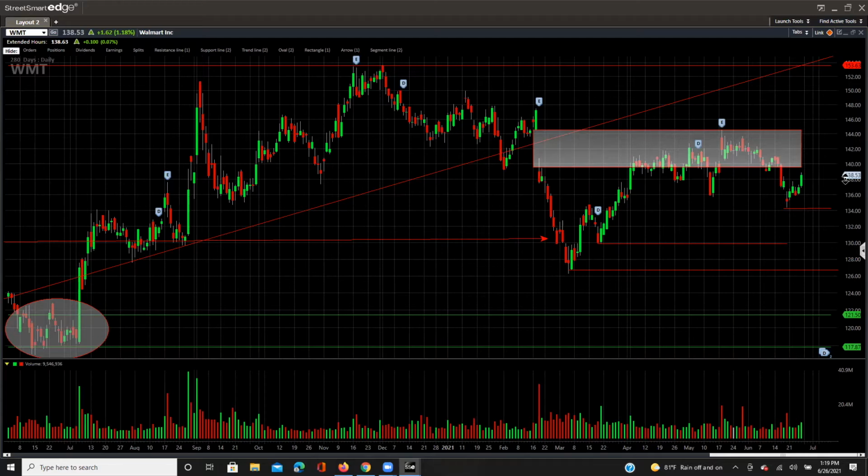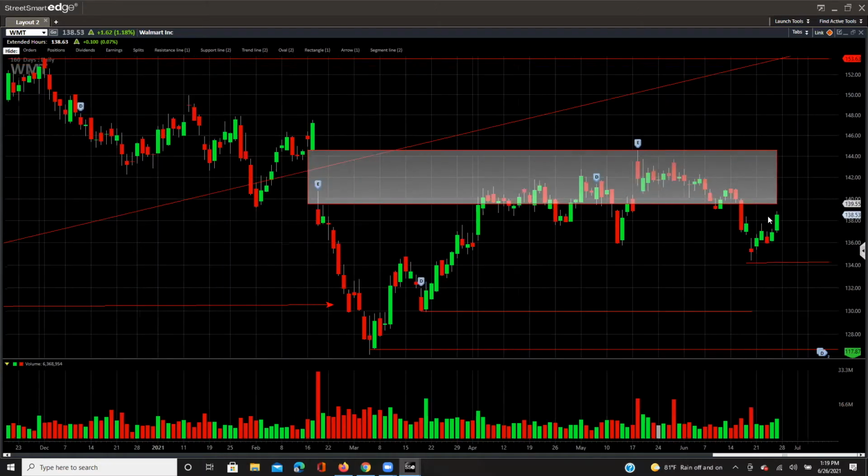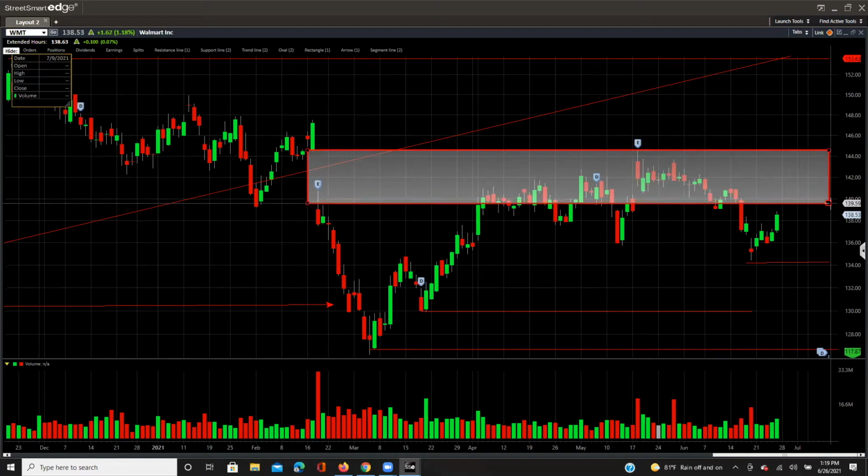For a safe entry into Walmart, if we want to know if it's going to continue to trend higher, we would want to see if it's going to fill this price gap. But at that point, price would be up at 144 or 145, and we can absolutely trade this up to those levels and make a few bucks while we're at it.